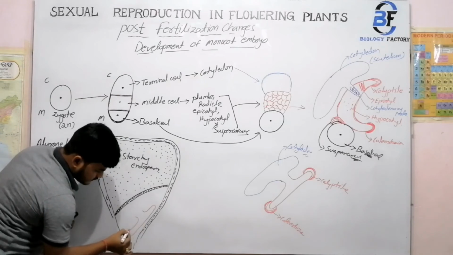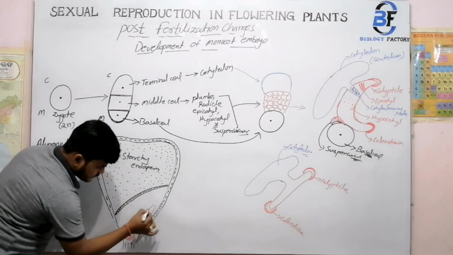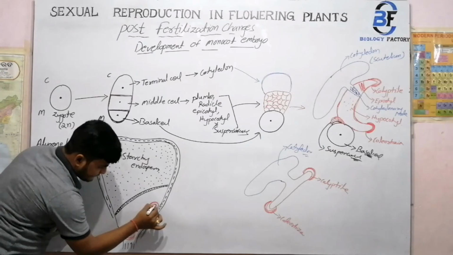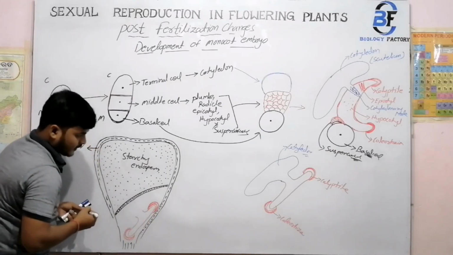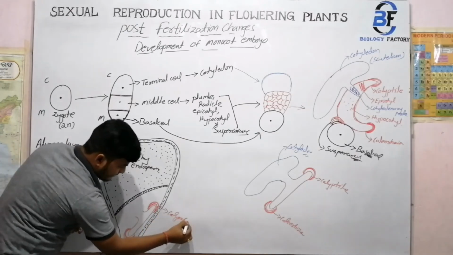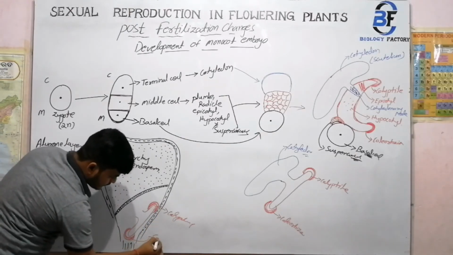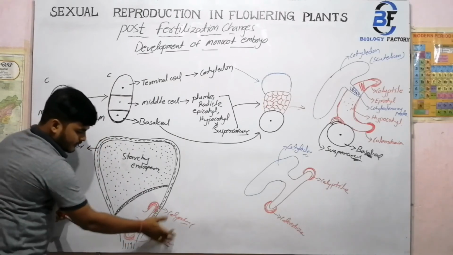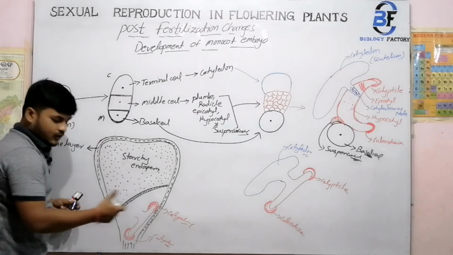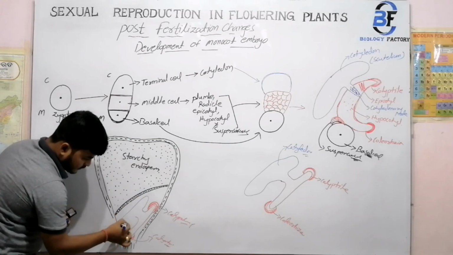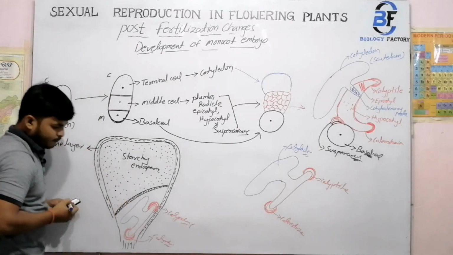Here is the coleoptile, that means the cap-like structure, and here is your coleorhiza. Just draw it here. Here is your coleoptile, here is your coleorhiza. Next, the attachment of your cotyledon, and here the cotyledon is attached. Here is the thin papery cotyledon.